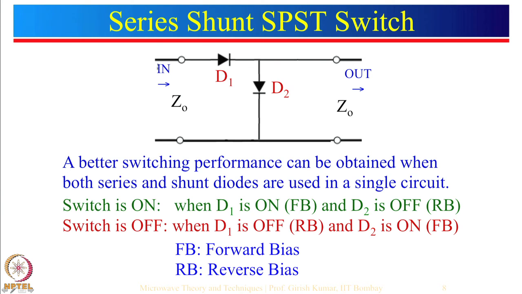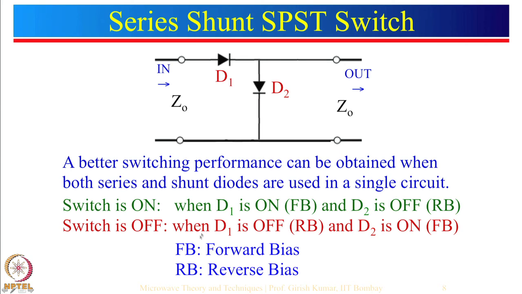When the switch is off, D1 is reverse biased and D2 is forward biased. FB here stands for forward bias, RB stands for reverse bias. Now, how do we do the analysis of this particular configuration? Again we can use ABCD parameters.